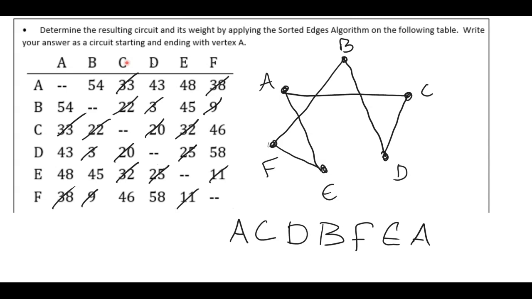So let's see, from A to C, from C to D, from D to B, from B to F, from F to E, and from E to A. Those would be the 6 numbers to add up. Adding those numbers up, we get 124.